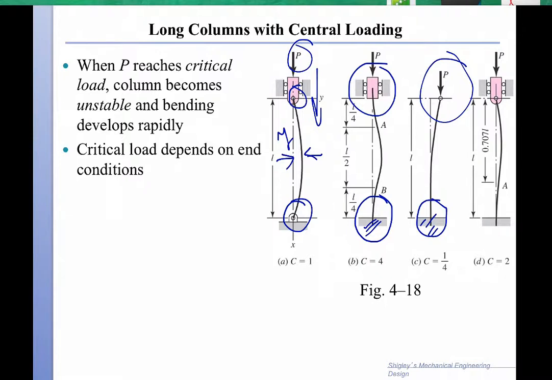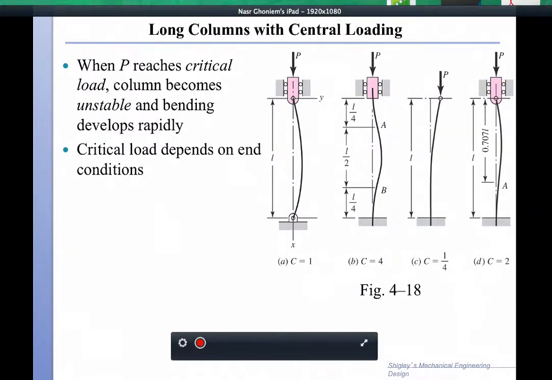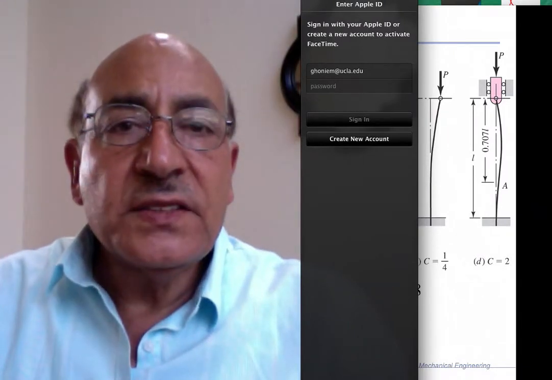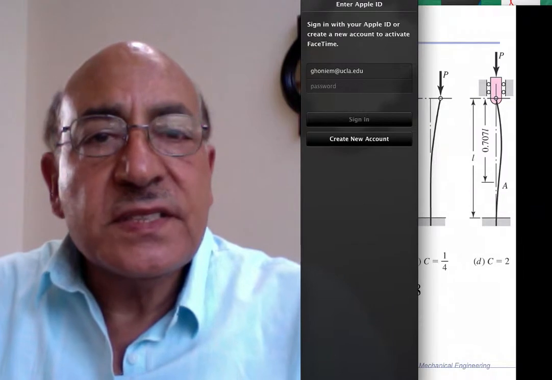And then finally, the last case is that one end is fixed and the other end is free to slide, pinned here. So all of these are possible buckling situations that we will discuss. And the idea now is that we are interested in defining the critical buckling load for these situations.